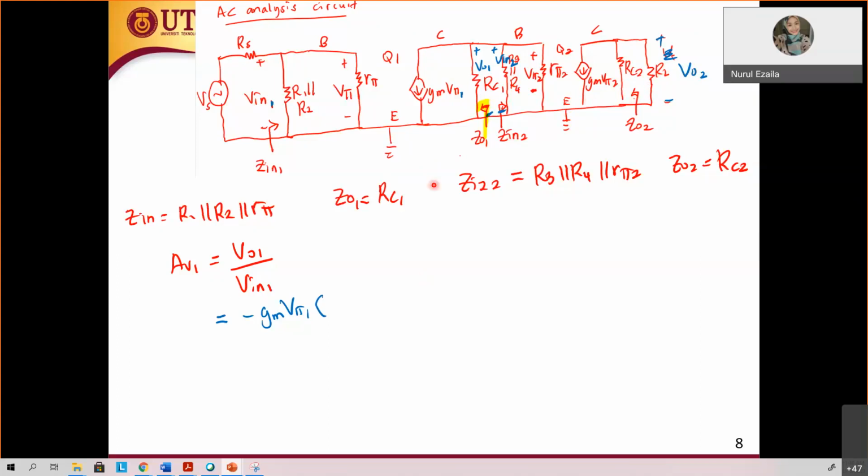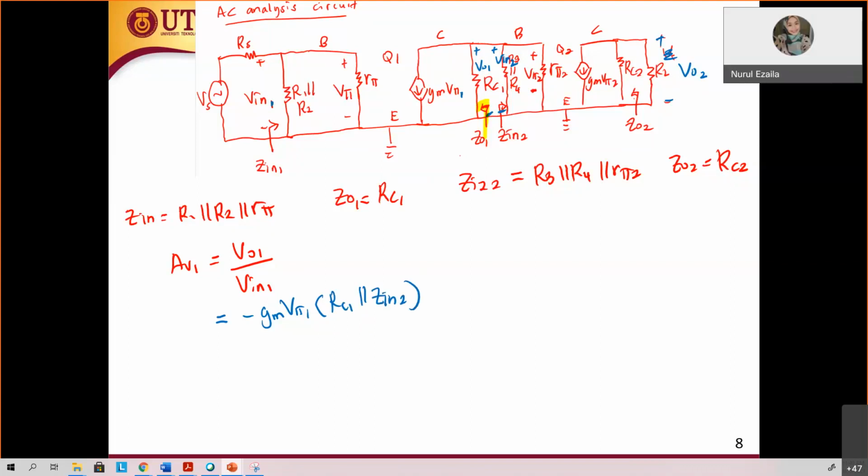What are all the resistors involved at this V out 1? Since this is in parallel, all the resistors are in parallel, so you have to include the RC1 parallel with R3, R4, Z in 2. Am I right?